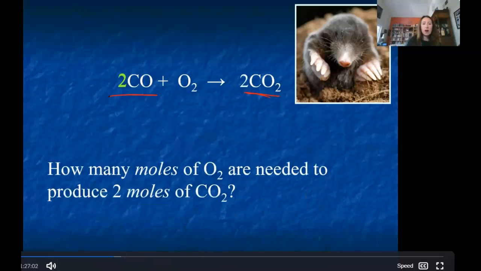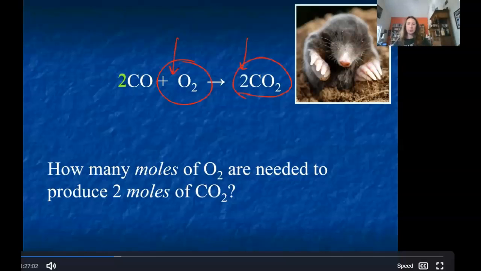How many moles of O2 are needed to produce 2 moles of CO2? How many moles of O2 do we need? Yeah, 1, right? The more we get into this, the easier this will become.